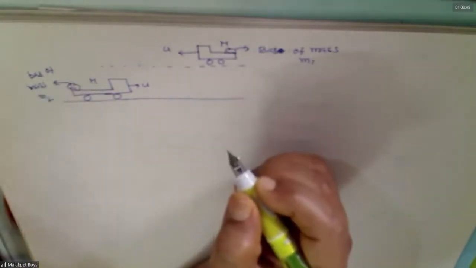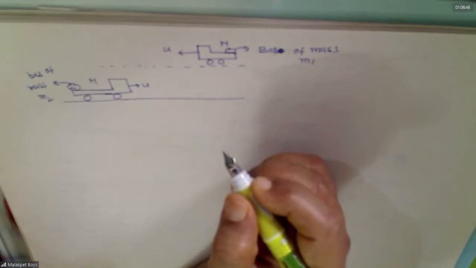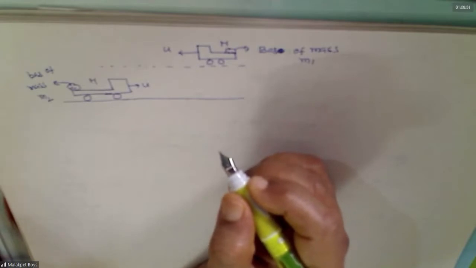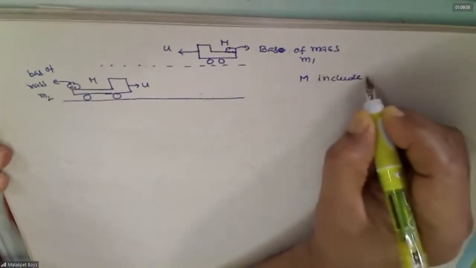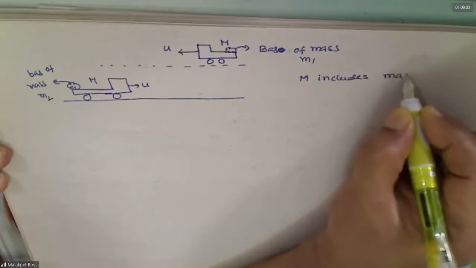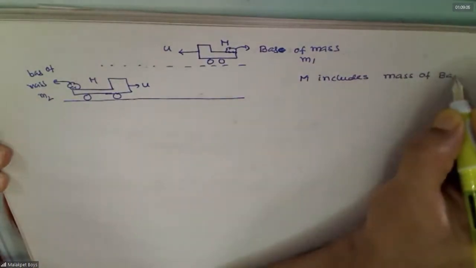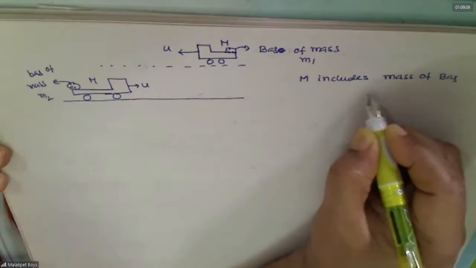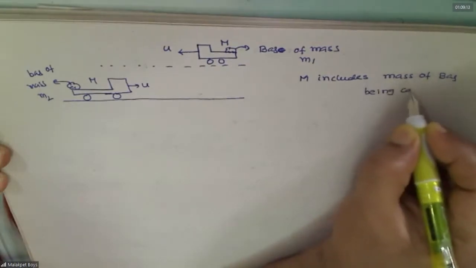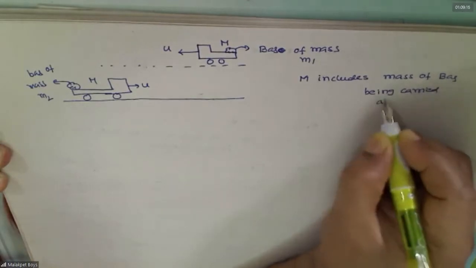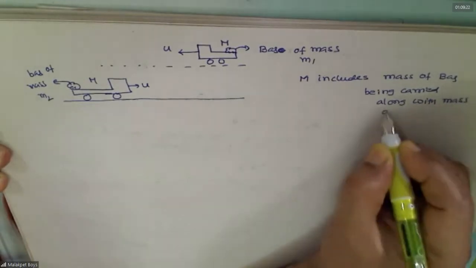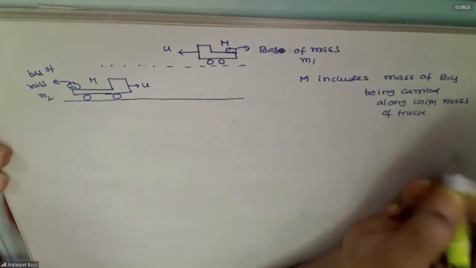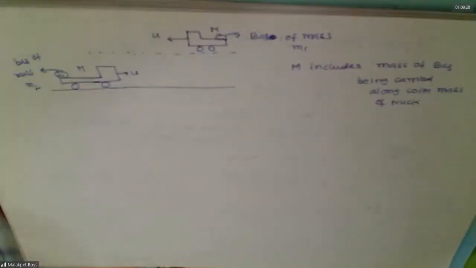Understood this? Understood, sir. M includes even that one also, the mass of the bag. Do you agree till here? Yes, sir.